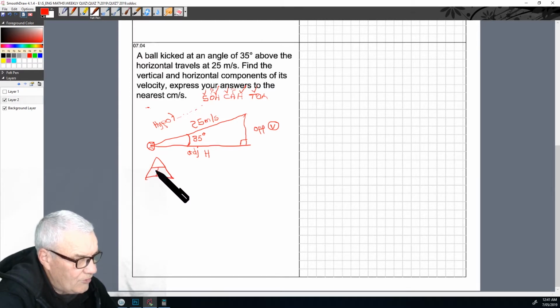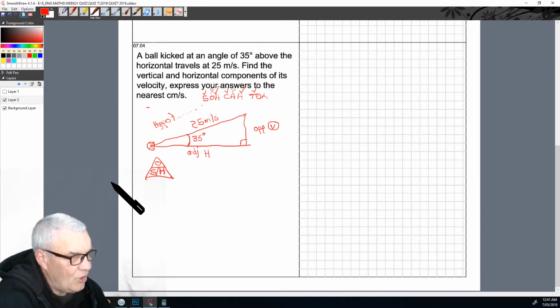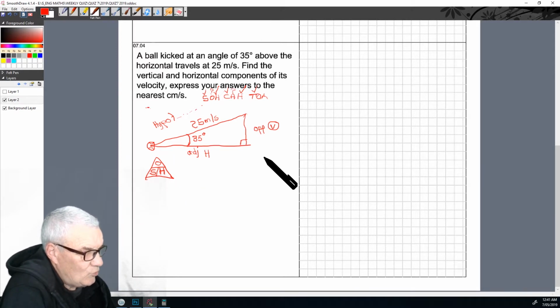So we know that sine equals the opposite over the hypotenuse. Okay. Sine equals opposite over hypotenuse, like that, in one of these little triangles.